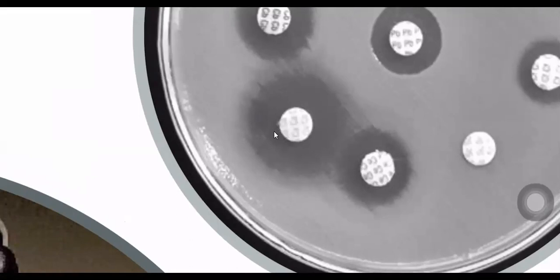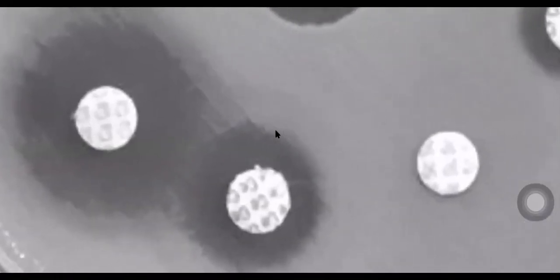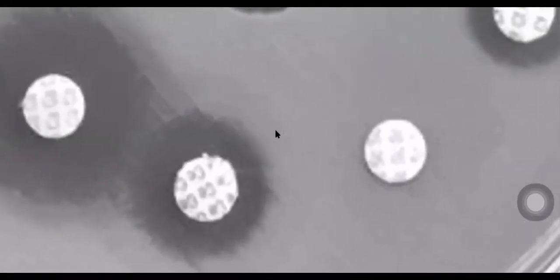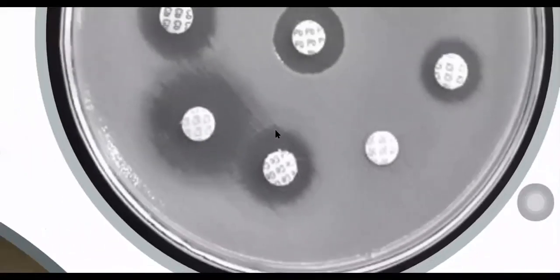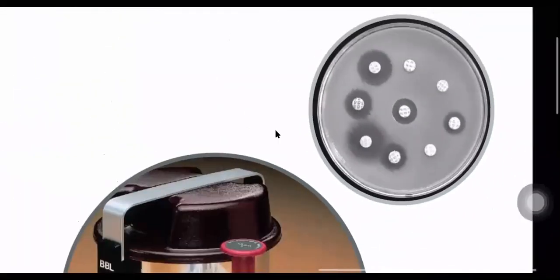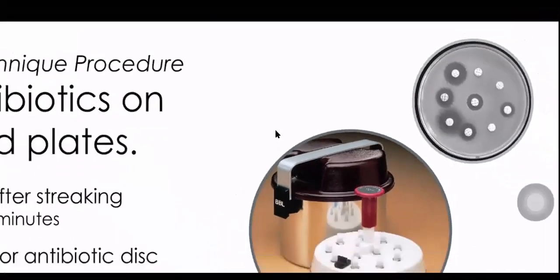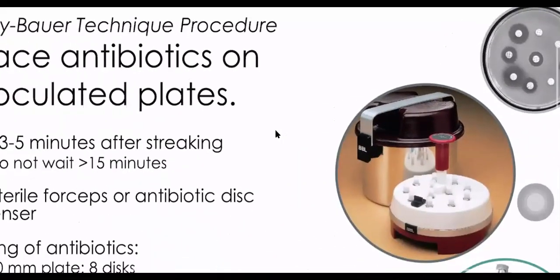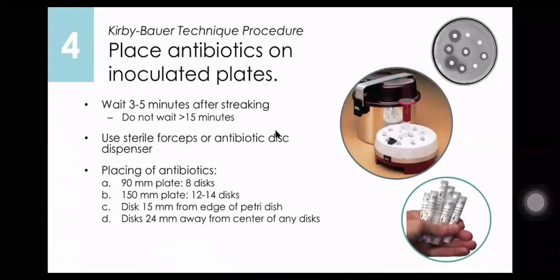Therefore, it is effective. However, it is false sensitive if there is a delay in incubation. And for false resistant, there is no zone of inhibition if there is a delay in application of the disc. It means the microorganism has dried out, and there is no time for it to react against the action of our antimicrobial agent.